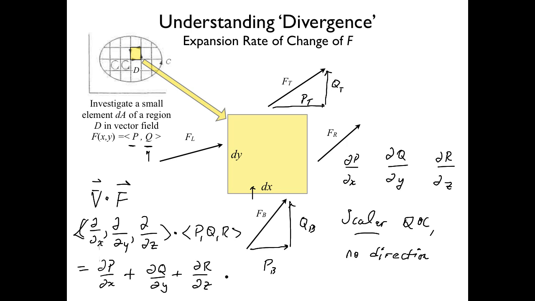And that's called the divergence of f. Again, it's a scalar. It's not a vector. Just like dot product gives a scalar, cross product gives a vector.